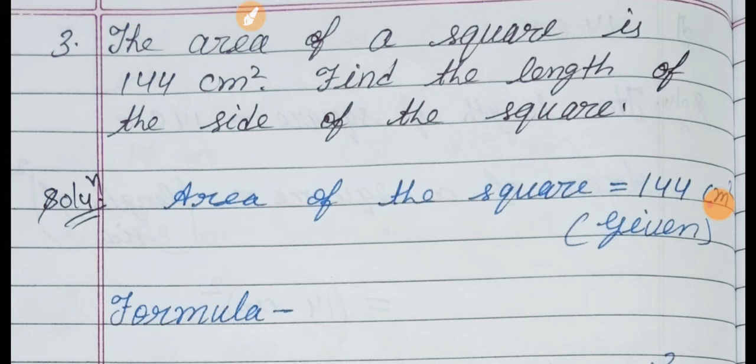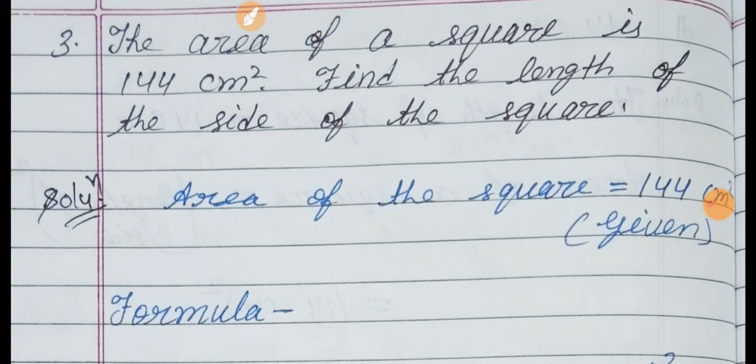The area of the square is 144 centimeter square. Dear students, it is given the area for the square, and you know the formula of the area. It is equal to side square, that is length square. Now find the length of the side of the square.